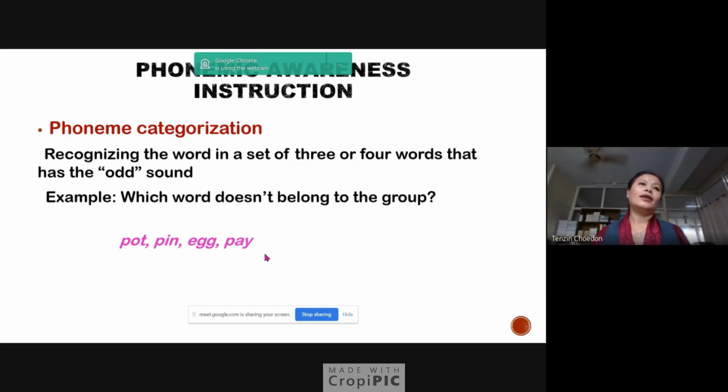Now, can any one of you suggest another group of maybe 3 or 4 words? Whoever wants to do that, you have to unmute yourself, and the rest of you please keep muted. When you answer, then only you turn on your speaker.